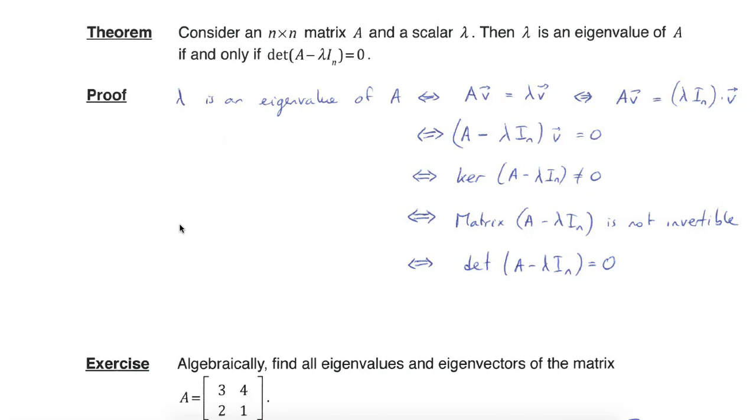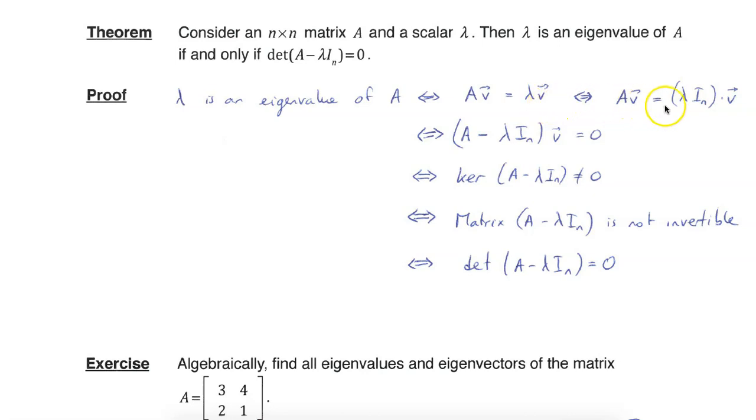So a key theorem here in order to find eigenvectors is that eigenvalues are such that this equality is true: the determinant of A minus lambda times the identity equals 0. So let's see how this works. If we assume that lambda is an eigenvalue of A, then by definition it means that Av equals lambda v.